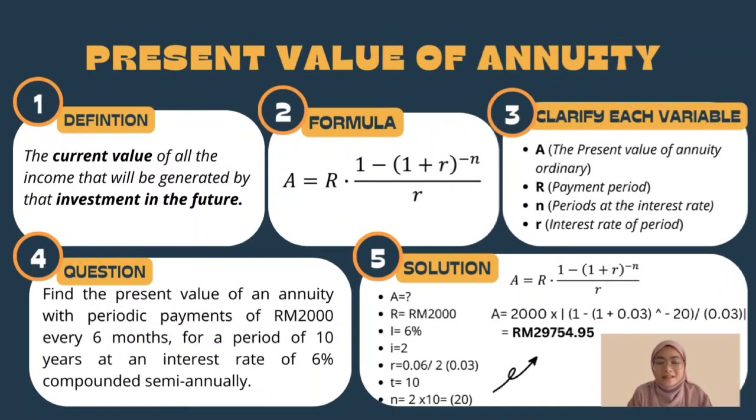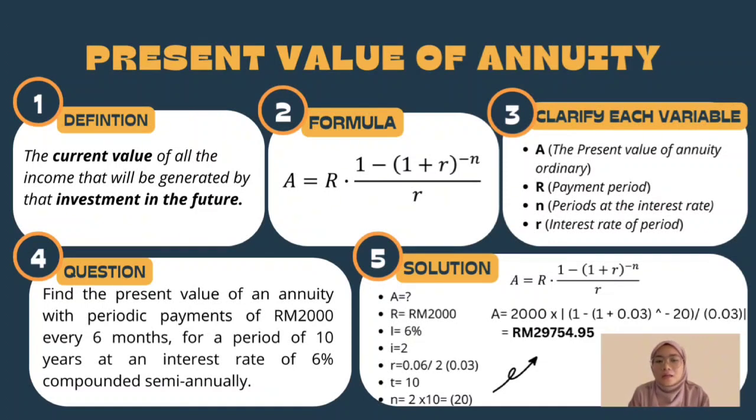A, we do not know how much, and R is 2,000 ringgit. Then there is capital I and little i, where capital I stands for the interest rate per year and little i stands for the number of compounding periods per year. Capital I is 6% and little i is 2.